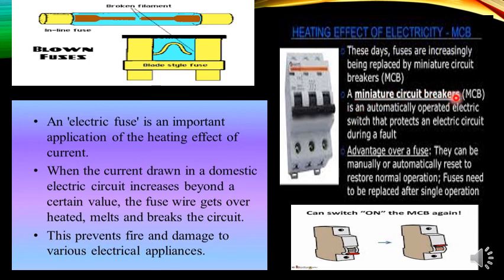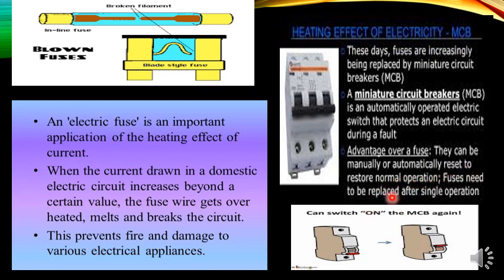Don't you think it is a hectic job every time to change the fuse whenever it is blown out? So these days, it is replaced with miniature circuit breakers. This will automatically operate the electric switch and protect the electrical circuit also. And how is it more advantageous? They can be manually or automatically reset to restore normal operation.